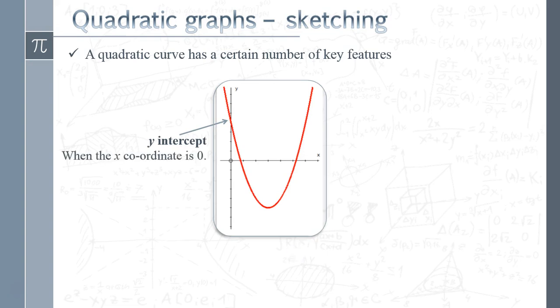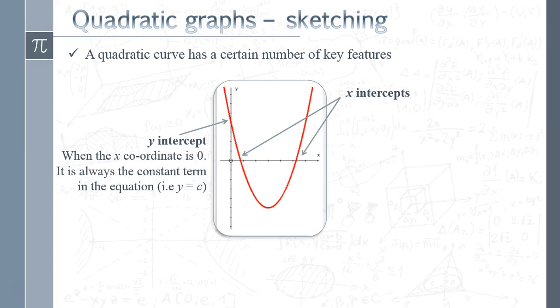The reason that's happening is because it happens when the x-coordinate is 0. So if you think about a quadratic curve, you've got x squared, that would be 0 squared. You've then got an x term, again you times by 0, so you're just left with the number on the end. So the c is still just the y-intercept. That's the straightforward one to do.